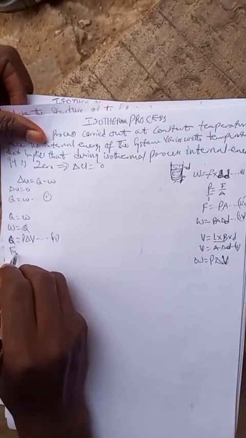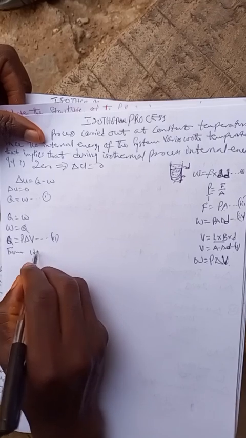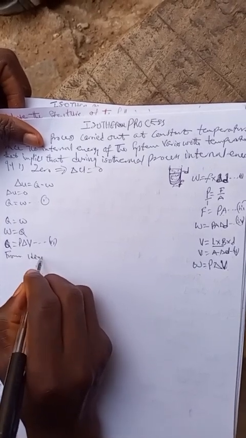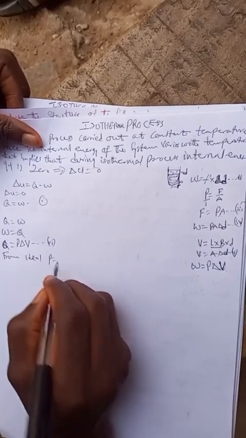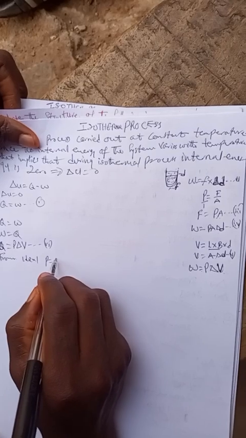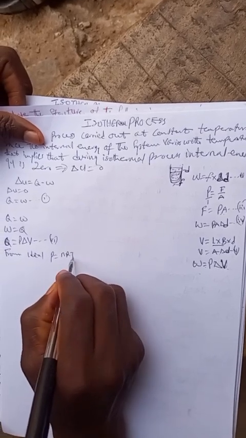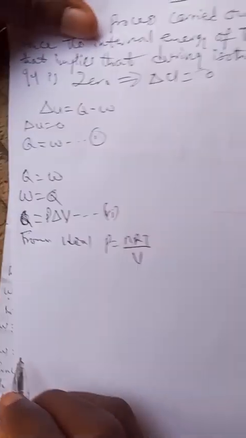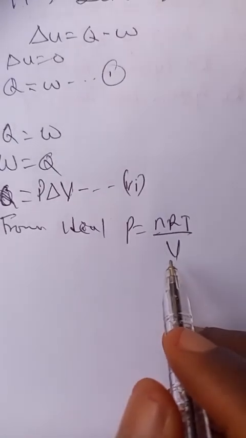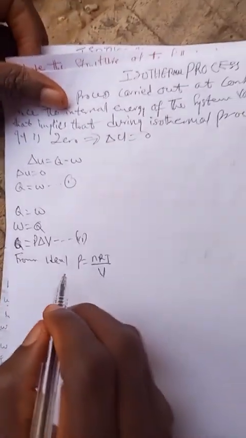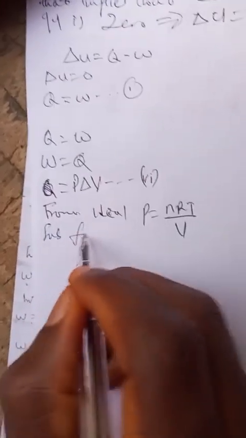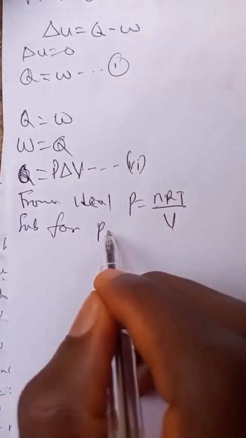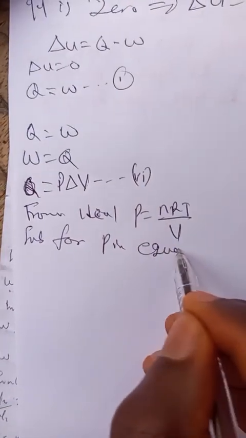Now, from the ideal gas, we have P is equal to nRT over V. So in this place, we can substitute for P in equation 6.